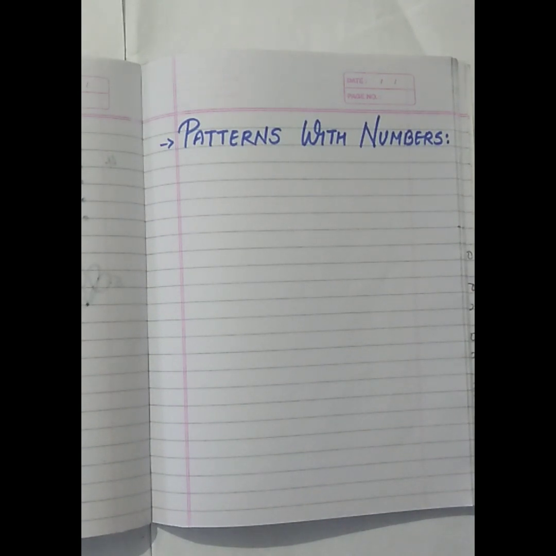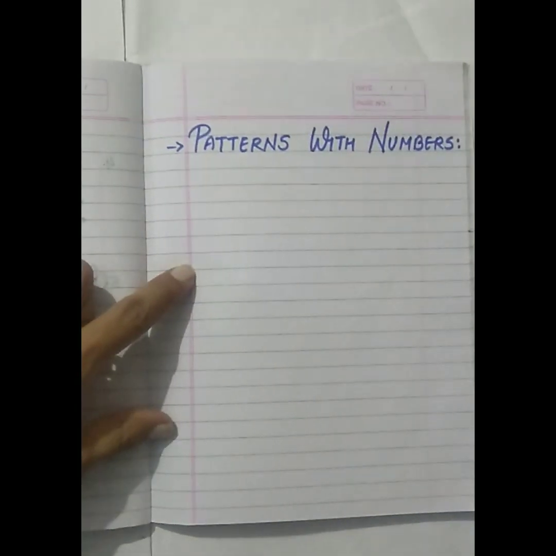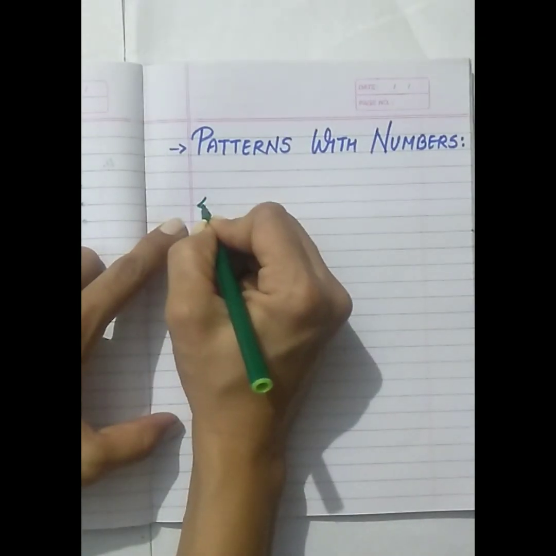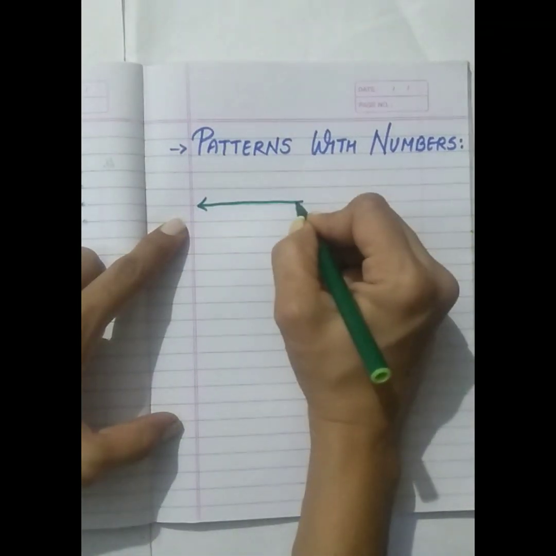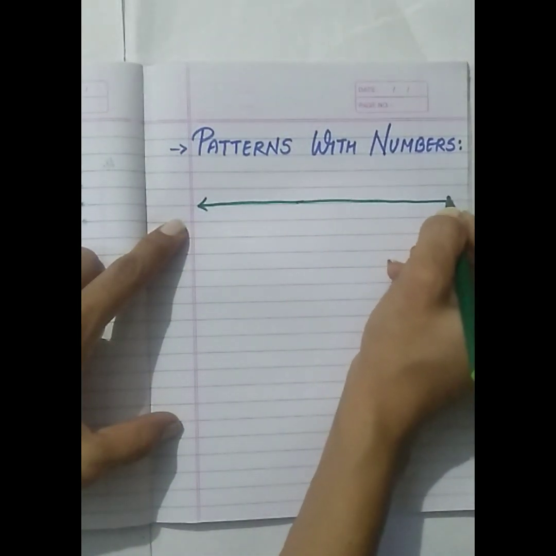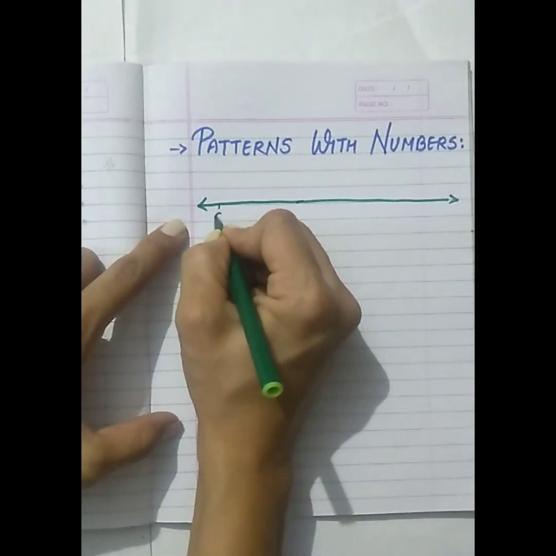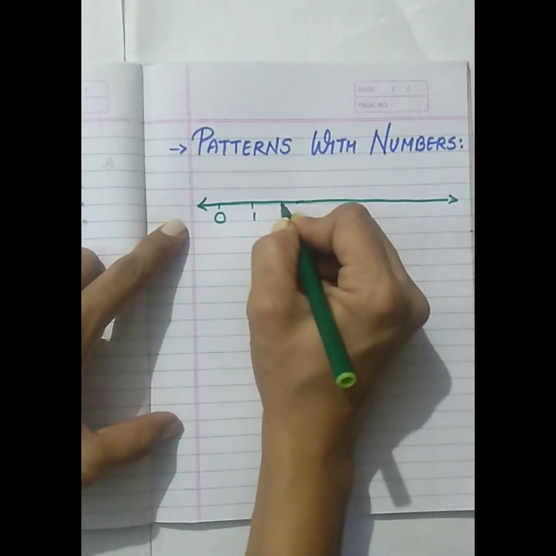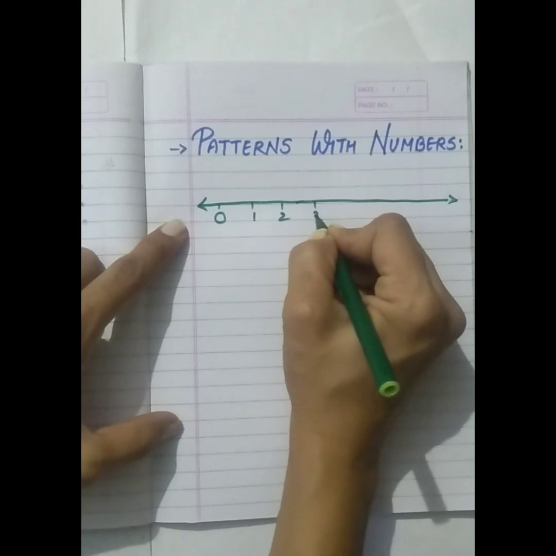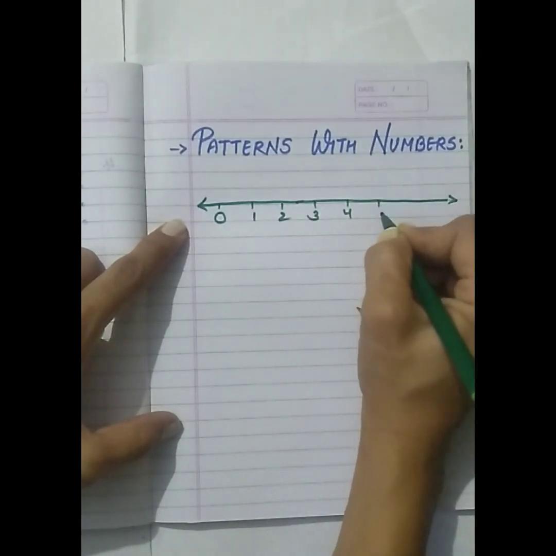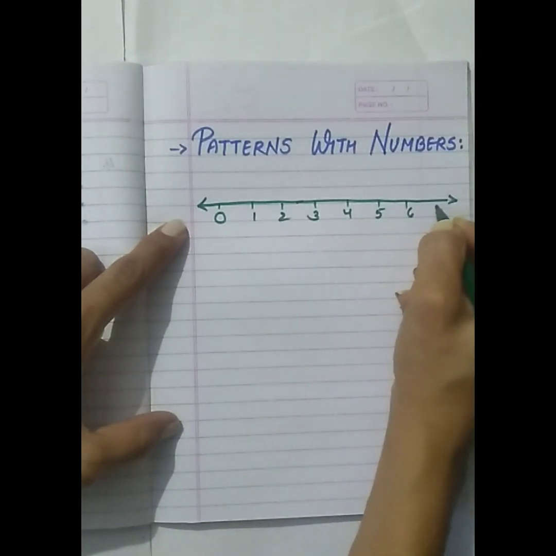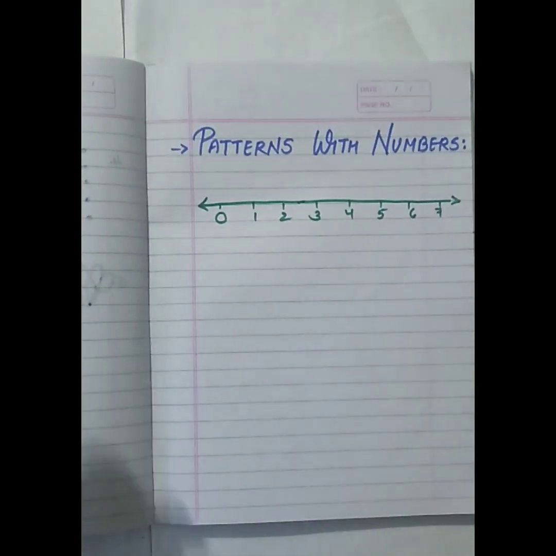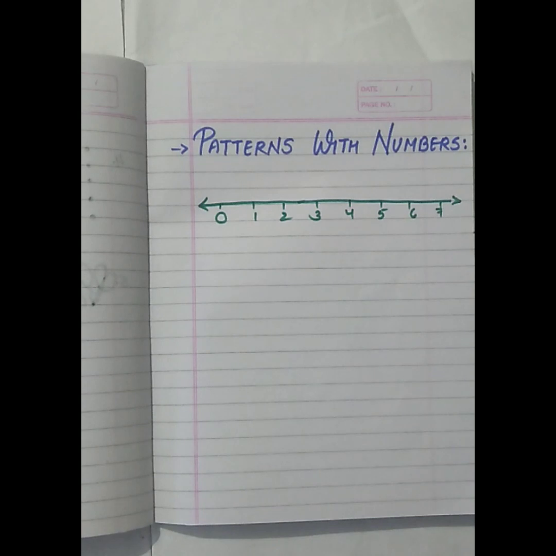Let us see how. I am drawing here one number line. You all know what a number line is. Okay. So I am drawing here one number line. Here I have written the numbers from 0 to 7.